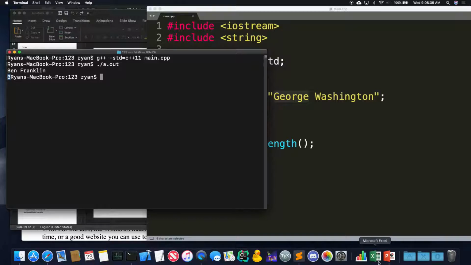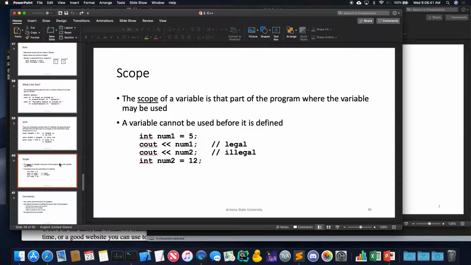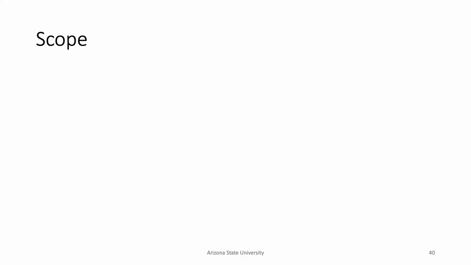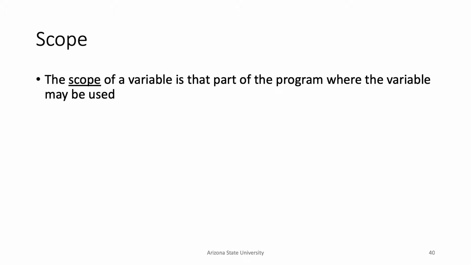Okay. So let's get back to this. The remainder of these slides are just things we can infer or are really simple things. Remember when I said that when you make a variable, you can't use that variable before it's declared. You have to use it after you declare it. That's something called scope.